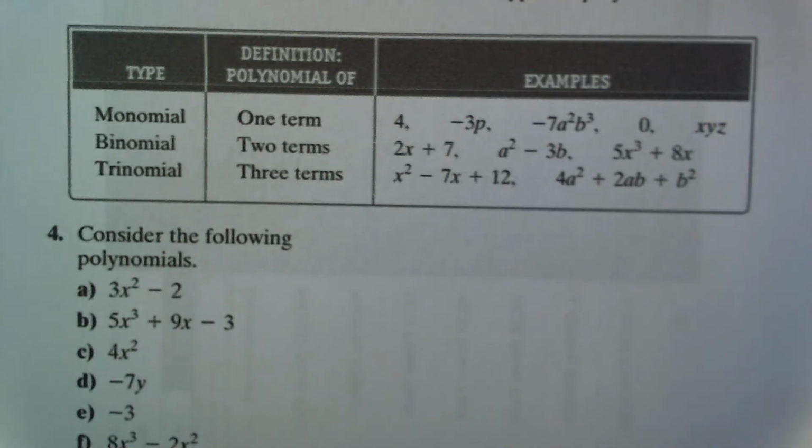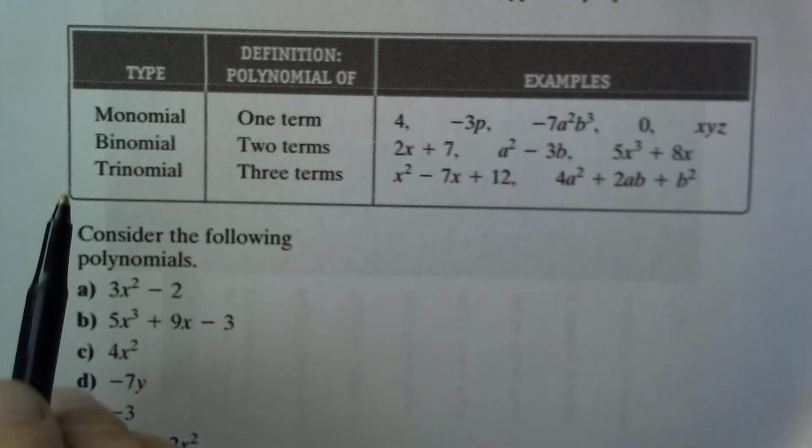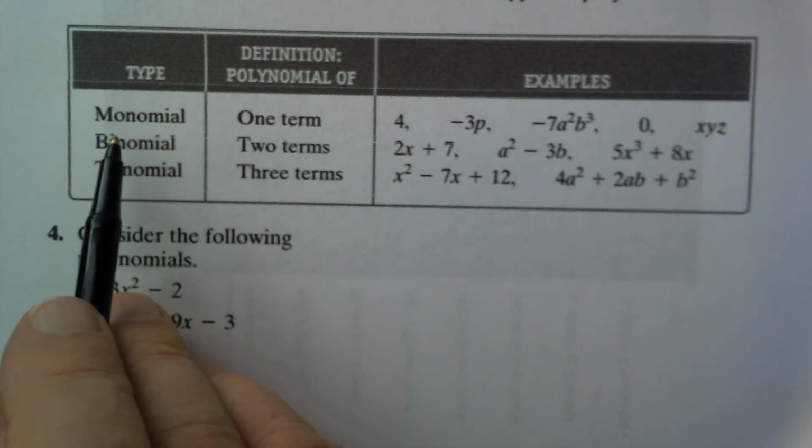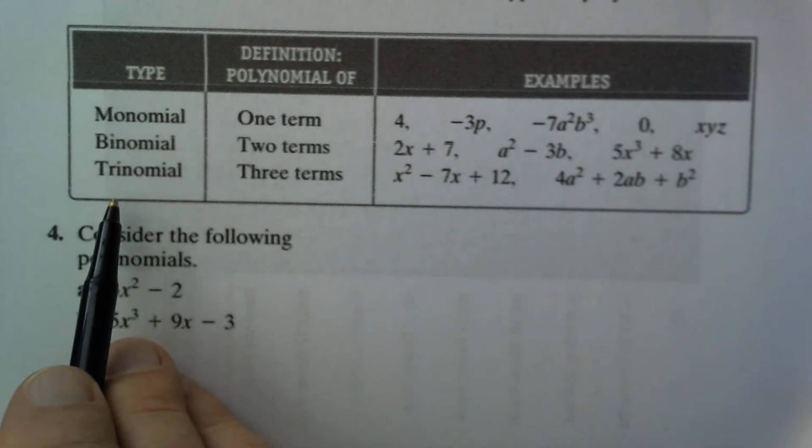Now, what if a polynomial has more than three terms? Well, there's not really a special name. It's just generally called a polynomial if you have one with 4 or 5 or more terms. So only the first three, the ones with one term, two terms, or three terms, have special names: monomial, binomial, or trinomial.